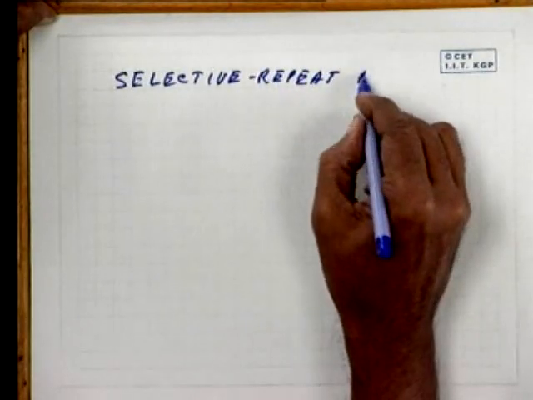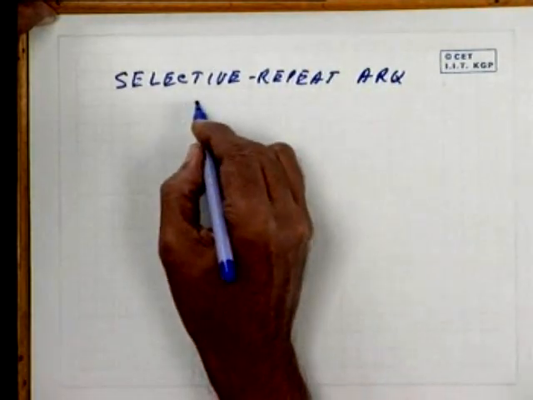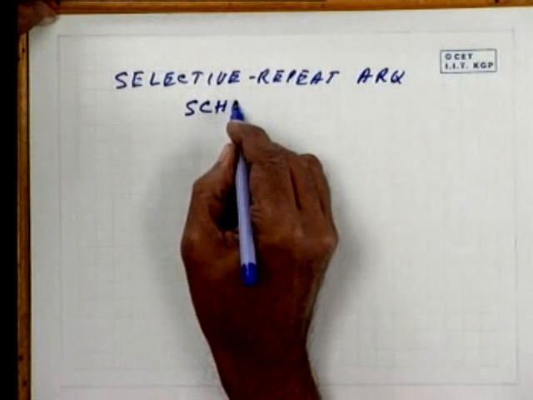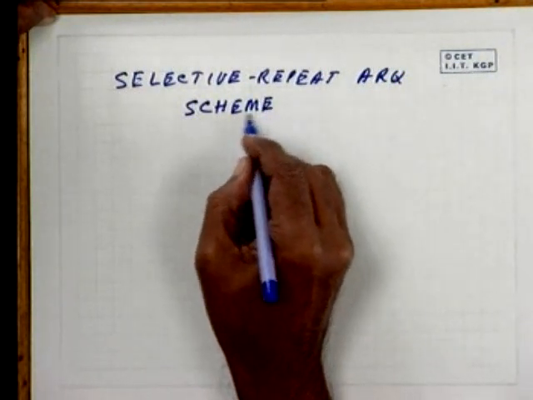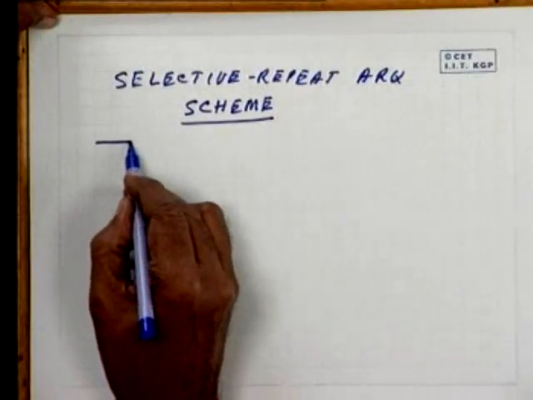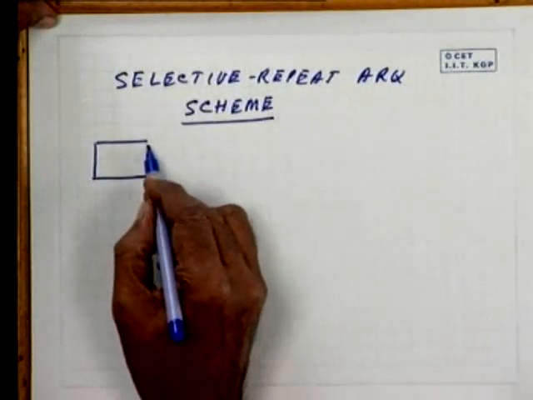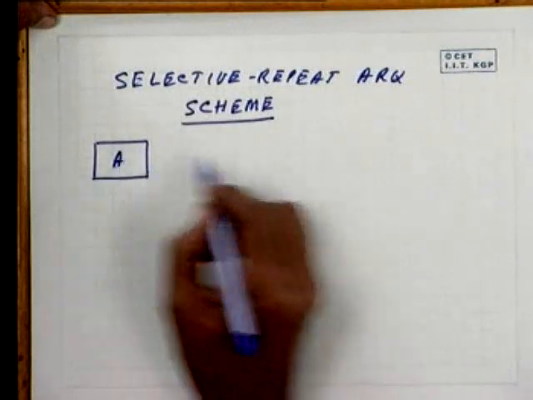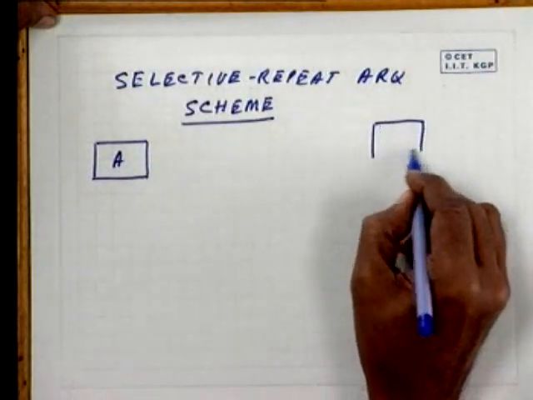Selective repeat ARQ scheme. What happens in this case? Suppose this is the transmitter and this is the receiver.